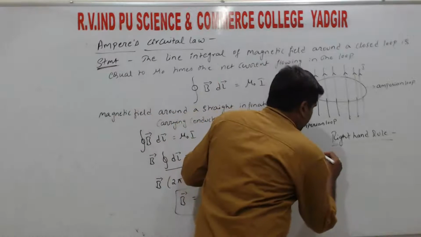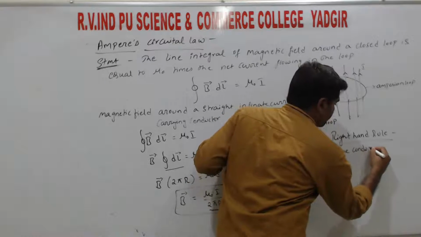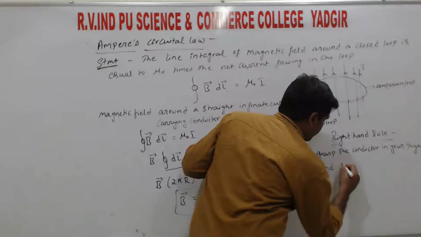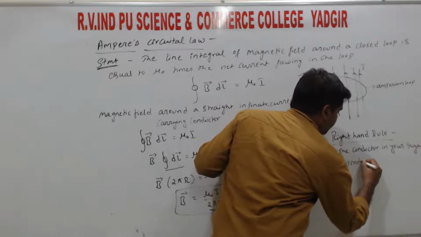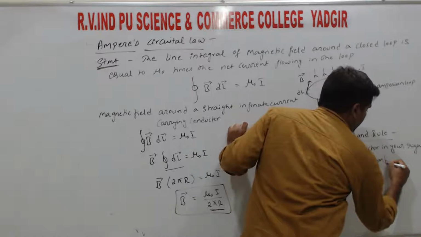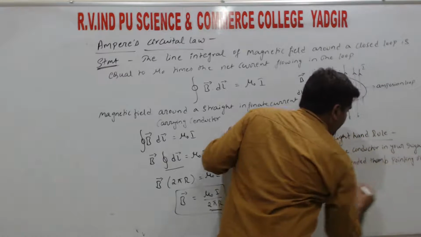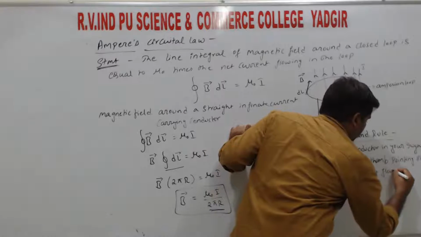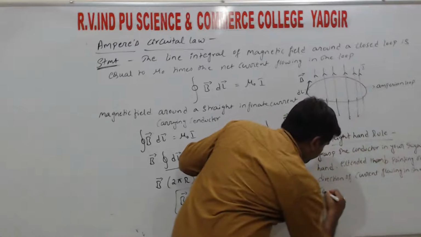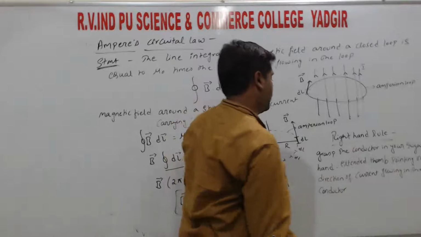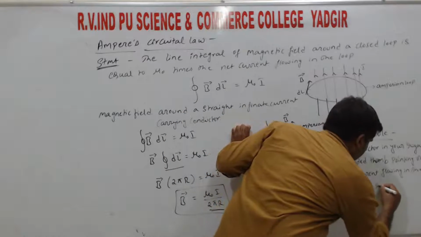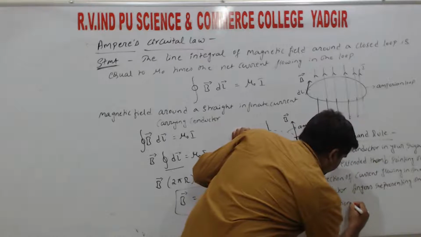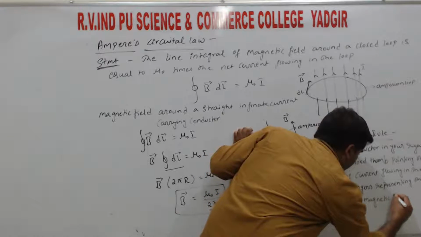So the right hand rule says: grasp the conductor in your right hand, with the extended thumb pointing in the direction of current flowing in the conductor, and the fingers representing the direction of the magnetic field.